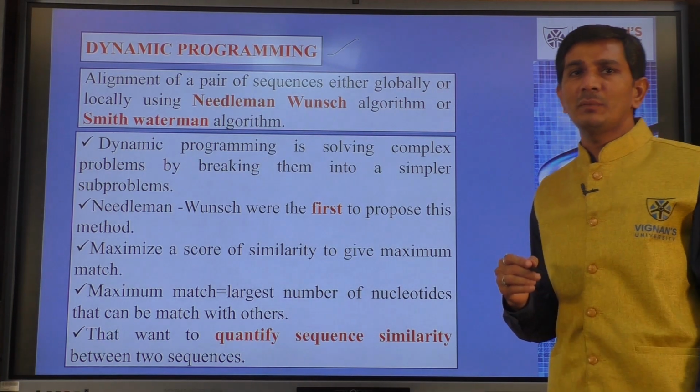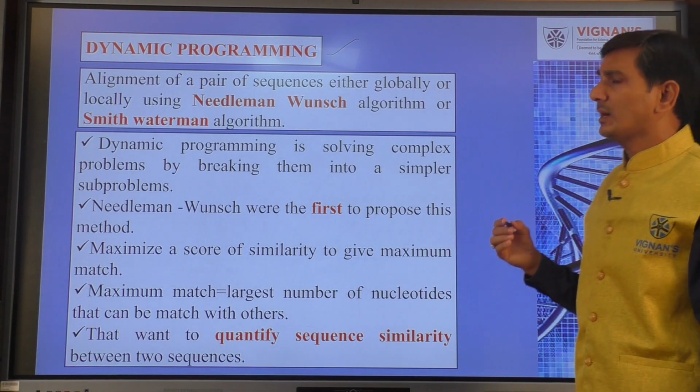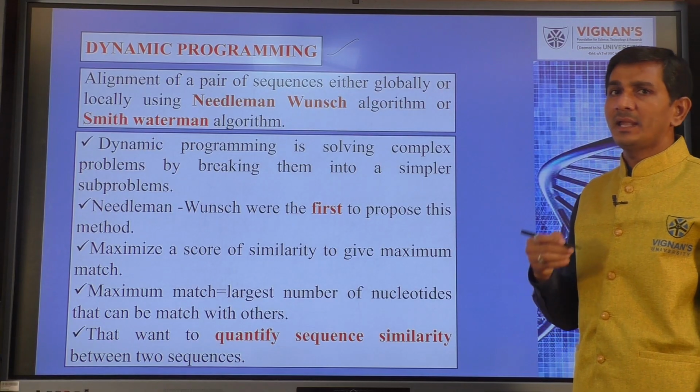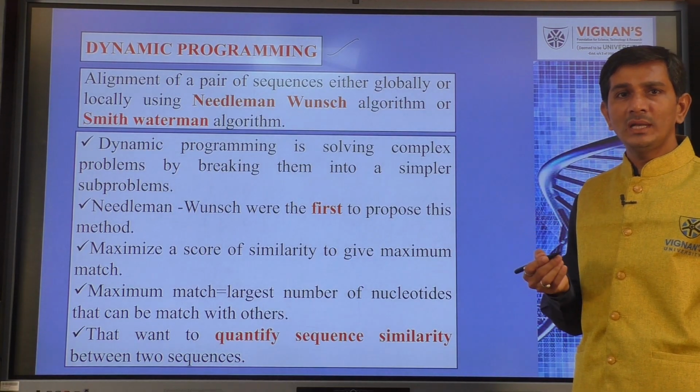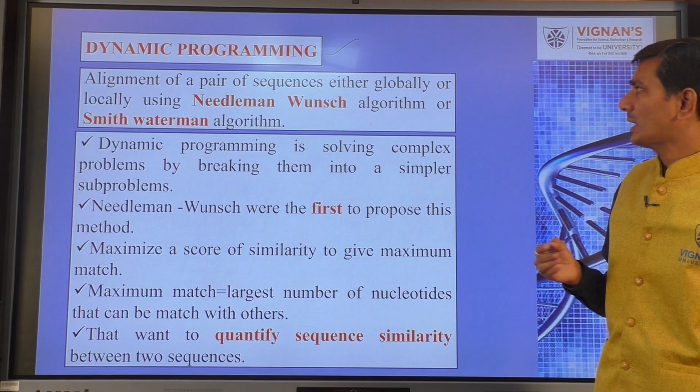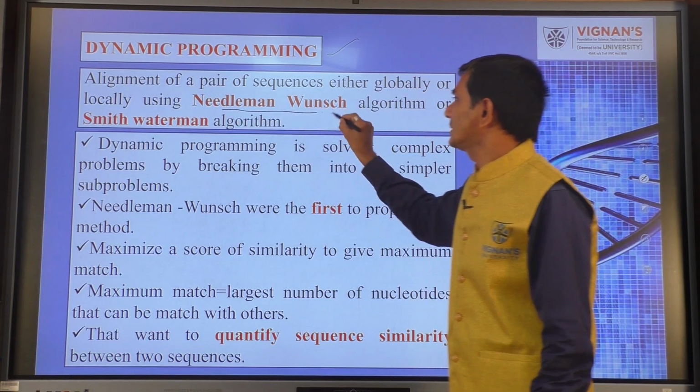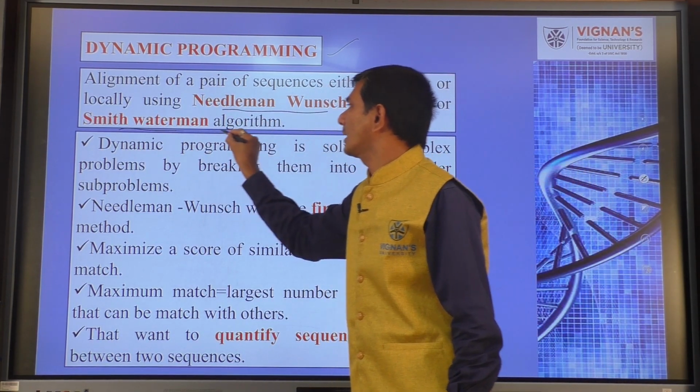Dynamic programming is defined as alignment of a pair of sequences either globally or locally using the Needleman-Wunsch algorithm or the Smith-Waterman algorithm.